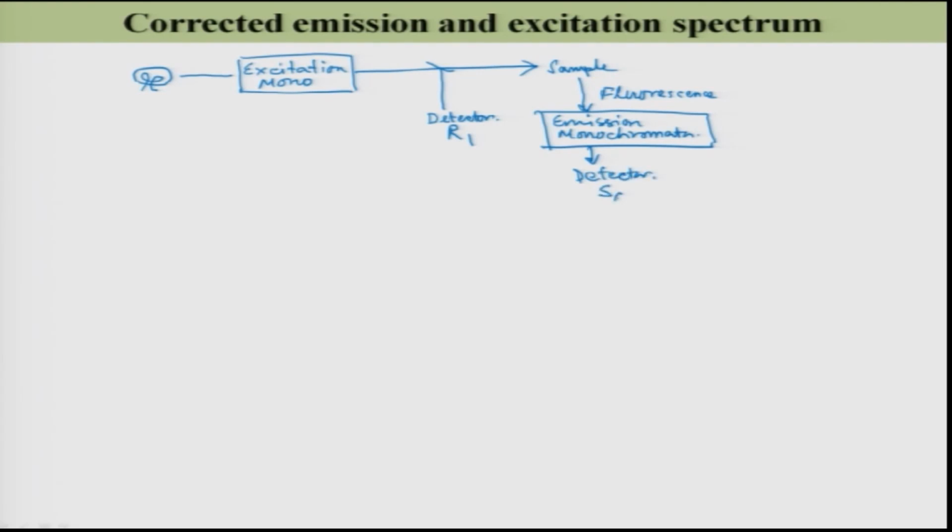So, this is the S1 detector, and we have discussed that the total response of this emission monochromator and the detector together is, let us say, S lambda, that is the sensitivity, and for that you are going to have the correction file, and so this S1 signal is S1C, that means the corrected one.